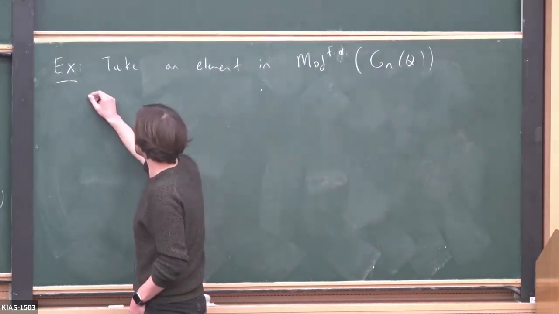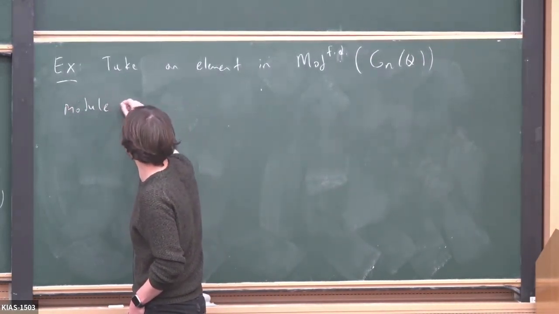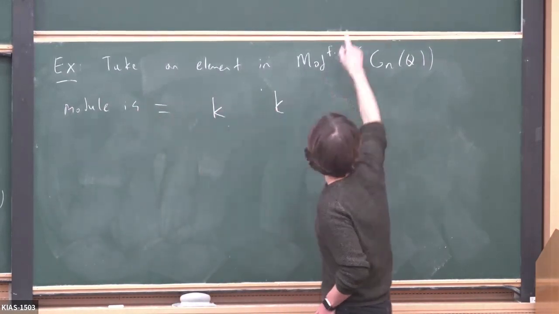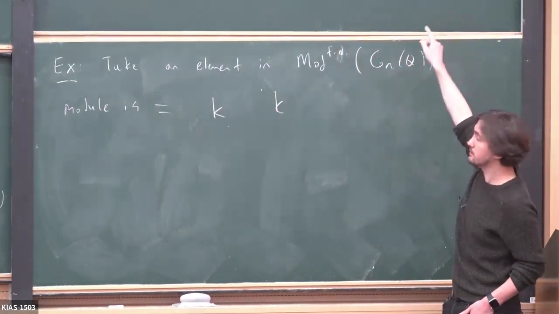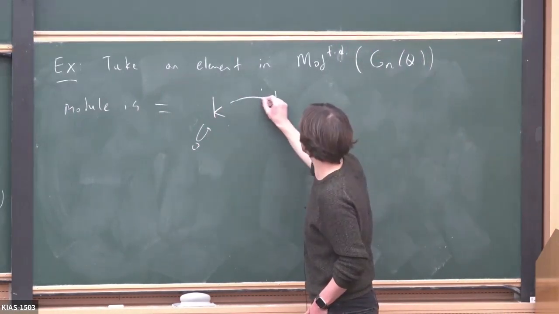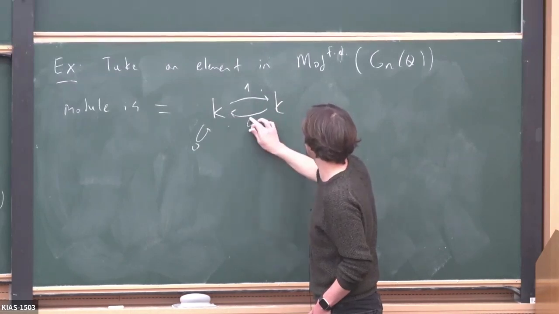So an example is this. Let's say the module is K. So this K, that's K, and the arrows are 0 here. Let's say this is 1, this is 0.